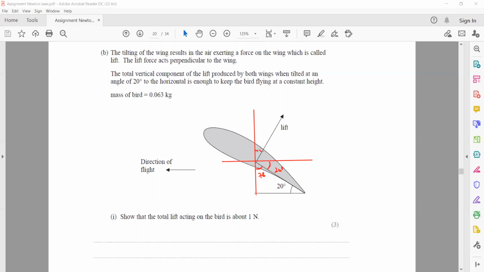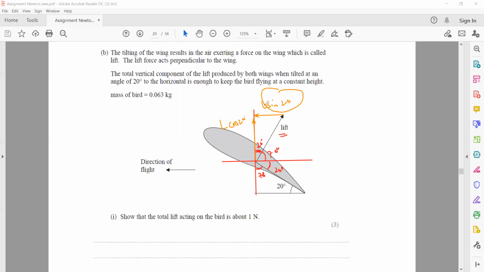So at this point, what will be the angle? The angle will be 20 and this angle will be 70. So now, as you can see, this is the lift. The component of the lift which is with the angle is L cos 20, and the component of the lift which is against the angle will be L sine 20.